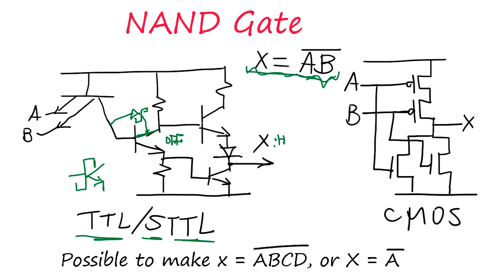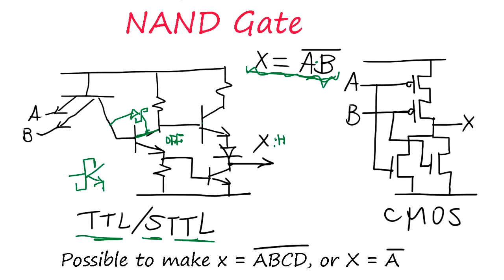So its logic operation is A, B, not, right? But later we started using CMOS, with the advantage of less current for each gate, and the surface layout got small, so we could integrate a large number of gates very well.